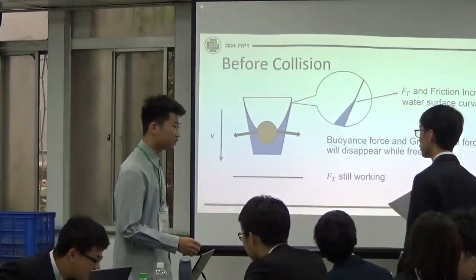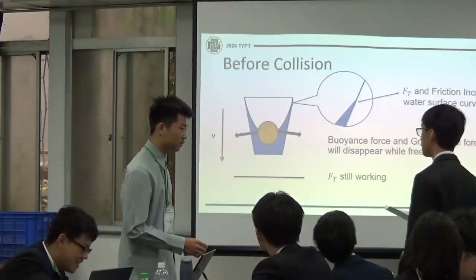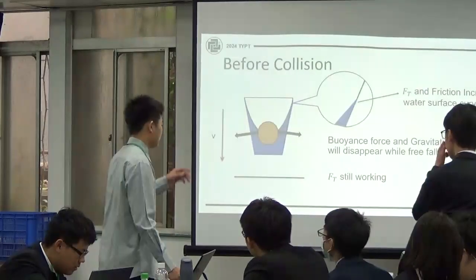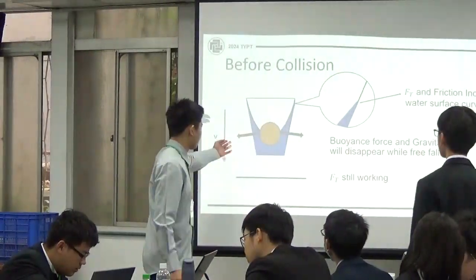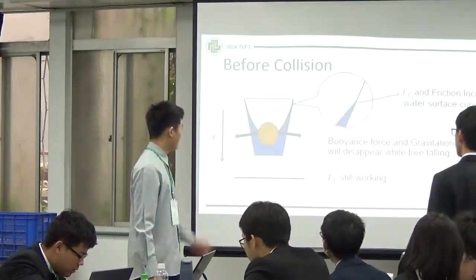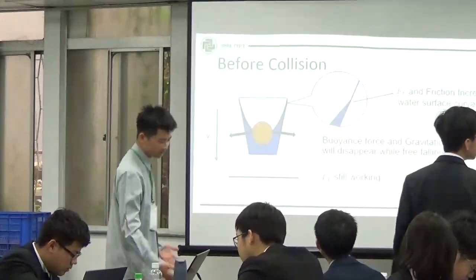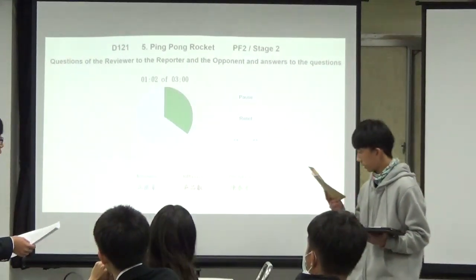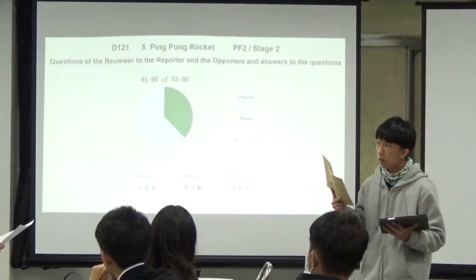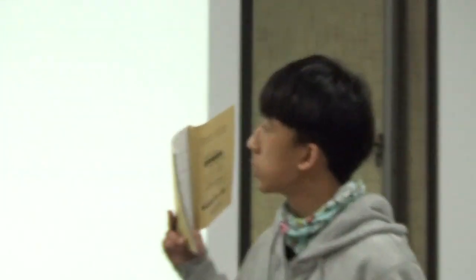And what are the factors that will affect the displaced water? The factor is the surface tension force, and if I use another liquid, it will change. Okay, thank you. And what about the opponent? The question is what will affect the height of the displaced water.